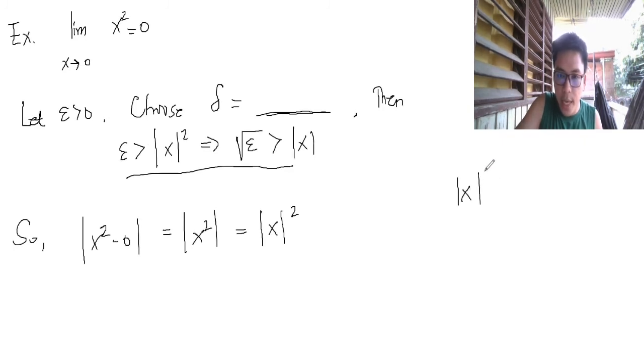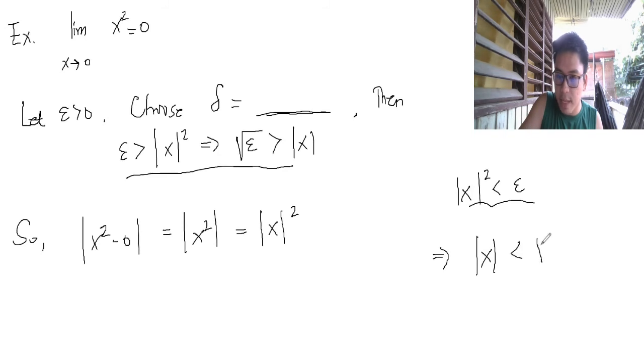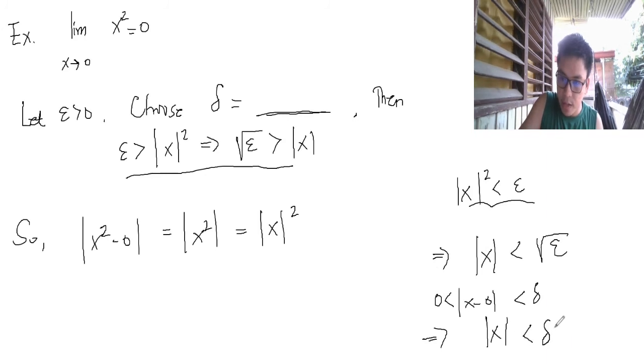Why? Note that if we have this x squared less than epsilon, because this is our goal here, to be less than epsilon, this would simply tell us that |x| is less than square root of epsilon. And so remember that we have this 0 less than |x minus 0|, and this implies that this is less than delta.